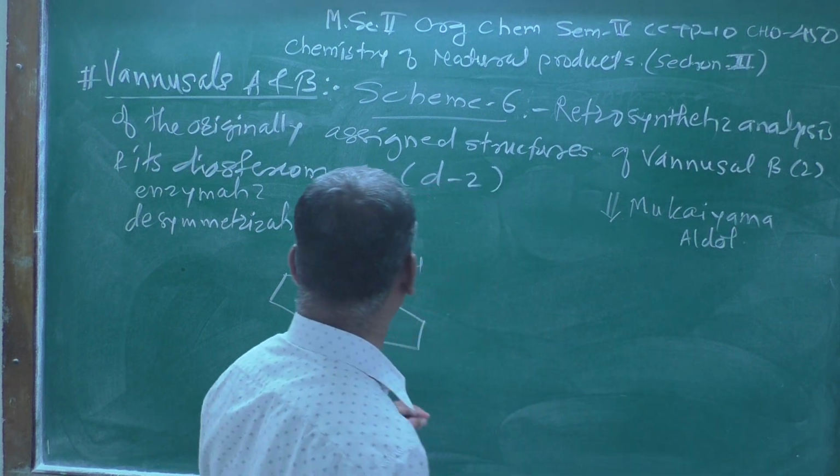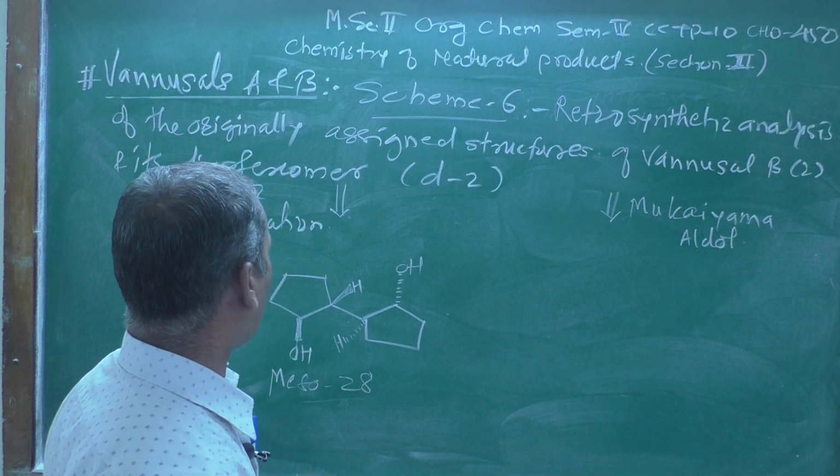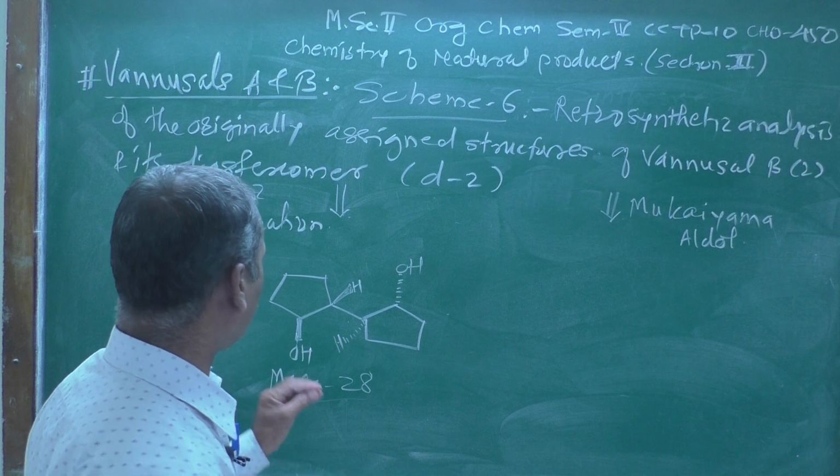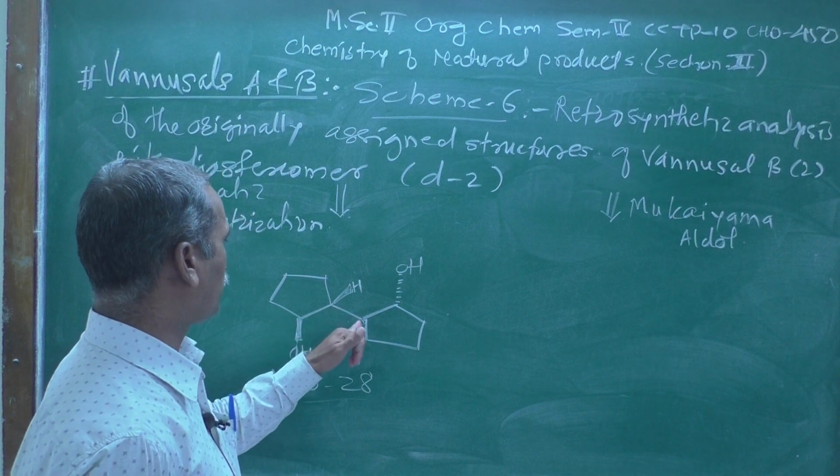If you see this compound, there are 4 chiral centers present over there. Which are those? 1, 2, 3, 4.